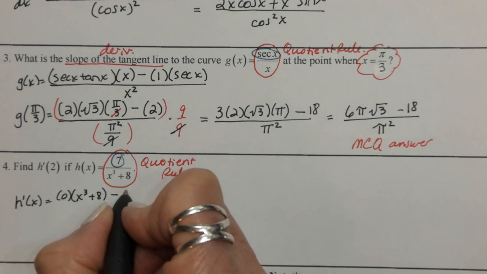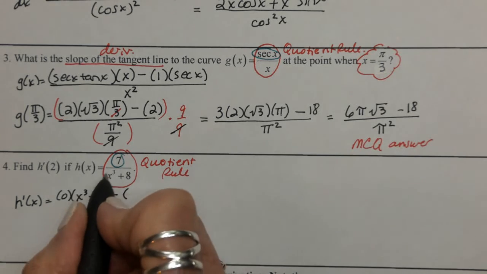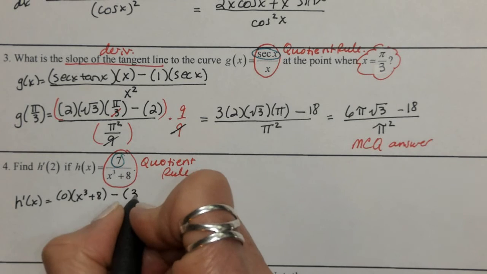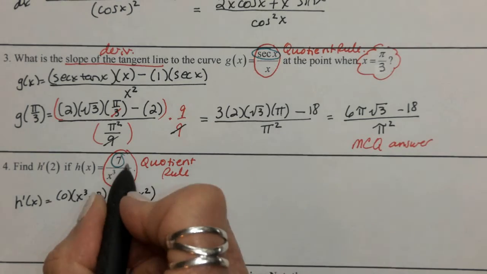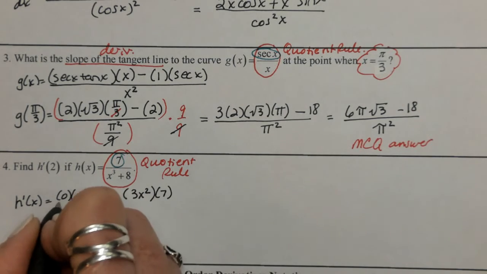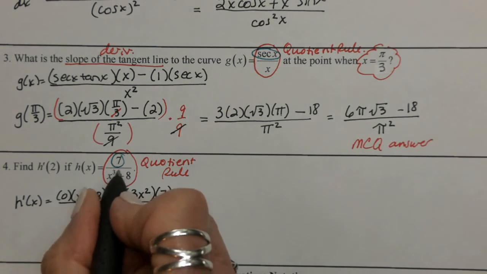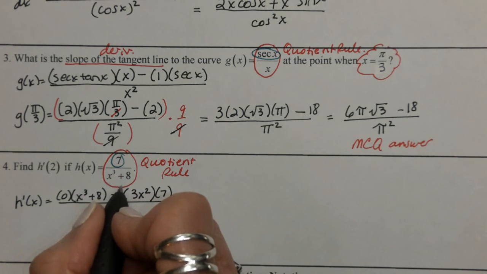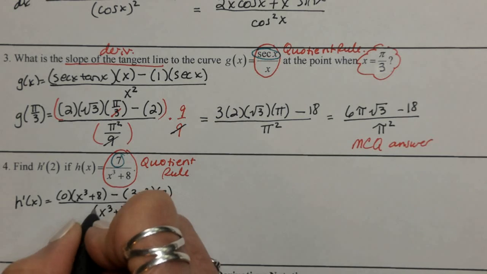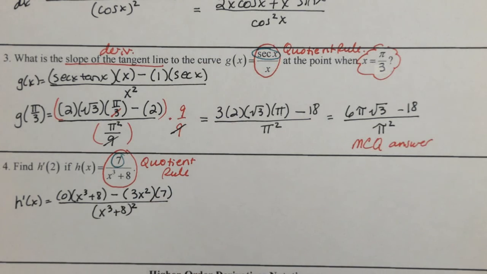Minus, now I have the derivative of the bottom. The derivative of the bottom is 3x squared. I multiply that by the top left alone, all divided by the bottom left alone, but all squared. Like that.